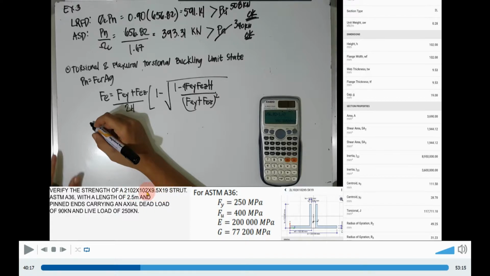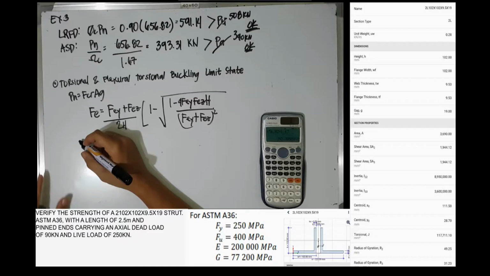So converting it into our English system, it would be equal to 2 legs, 4 inches by 4 inches by 3/8 inches by 3/4. Yan. Let's open our AISC manual for the flexural constant H and for the polar radius of gyration.